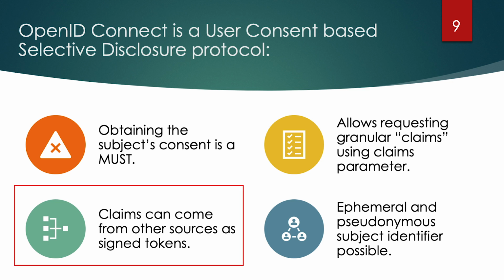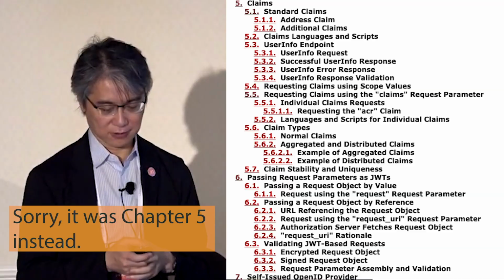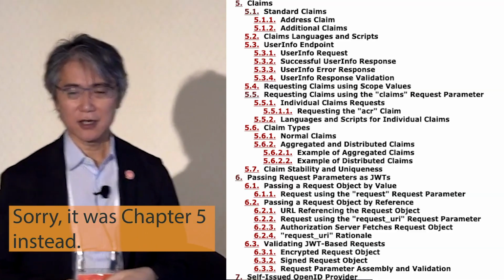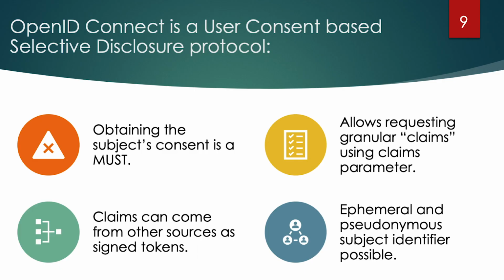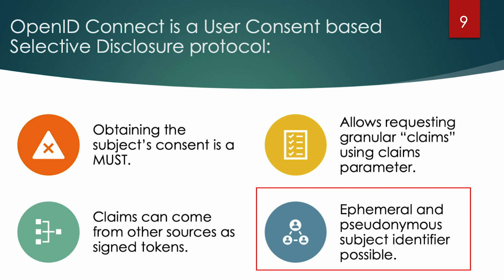And then claims can come from sources other than the IDP itself as signed tokens. It's defined in chapter 6, I think, of the OpenID Connect standard. Then the identifier for the user can be ephemeral or pseudonymous, depending on how you want.